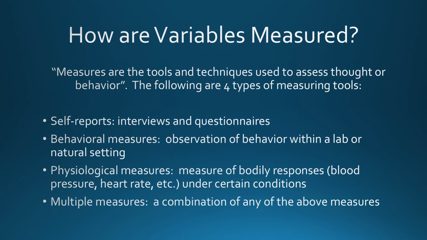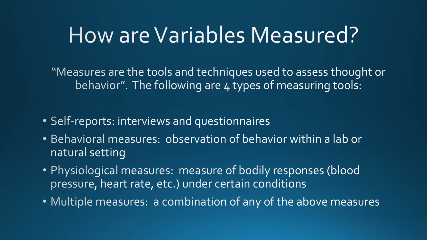So how are these variables measured? How do we look at levels of depression or weight or blood pressure? Blood pressure and weight are pretty easy to measure, but things like depression or anxiety are a little bit tougher to measure. So this list is the tools and techniques used to assess thought or behavior. Self-reports, we simply ask the person, we interview the person about their behavior or their thoughts or feelings.